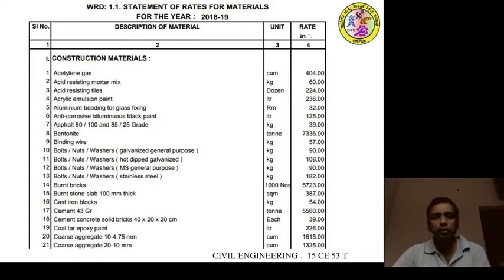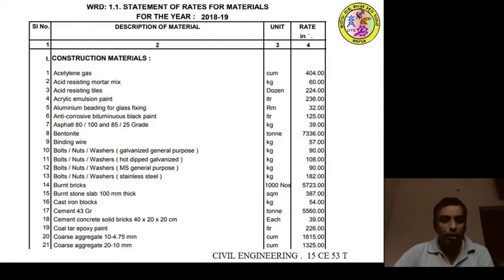Then next to this column, the unit of material will be mentioned. For example, serial number 17, cement 43 grade, is mentioned in tons. The rate will be 5,560 rupees per ton.